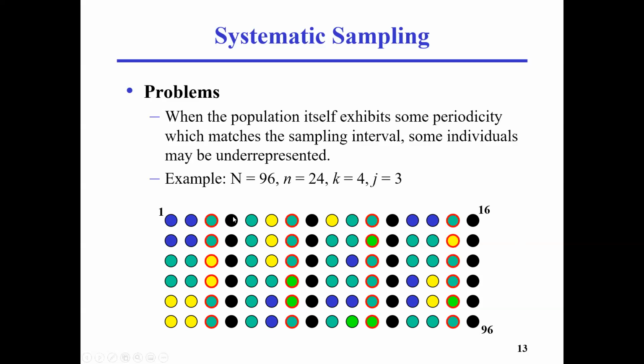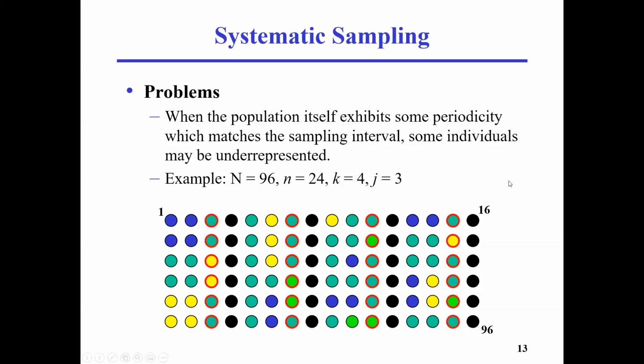And I would say that there is a specific pattern for these black circles in this population, right? You would say, okay, it's not very normal, because all those black circles are on the 4th position and 8th position, 12th position and 16th position of each row. It's not going to happen a lot.